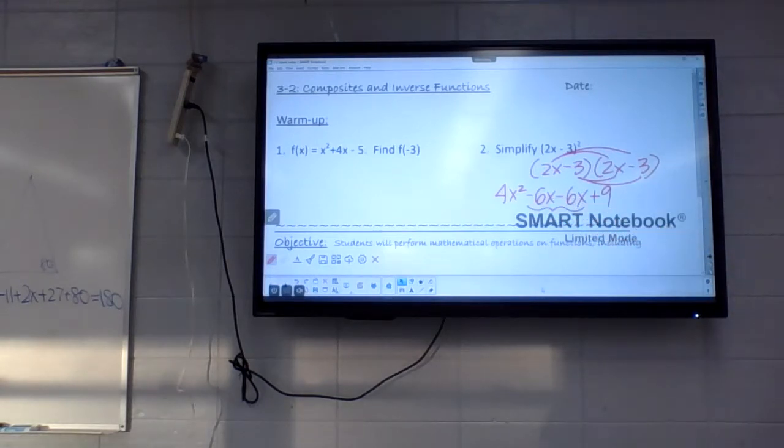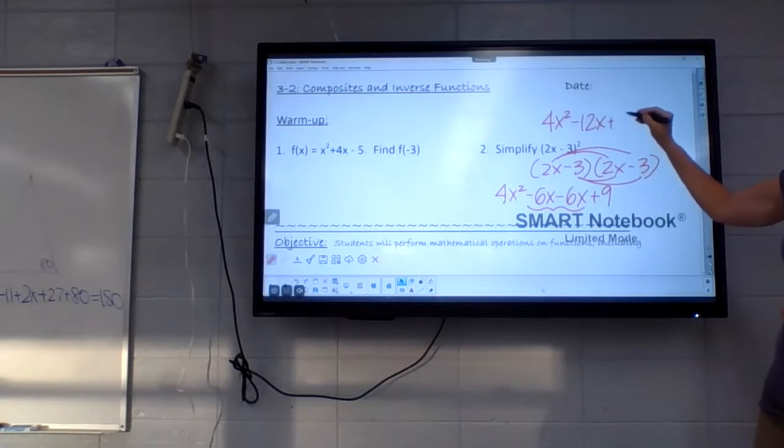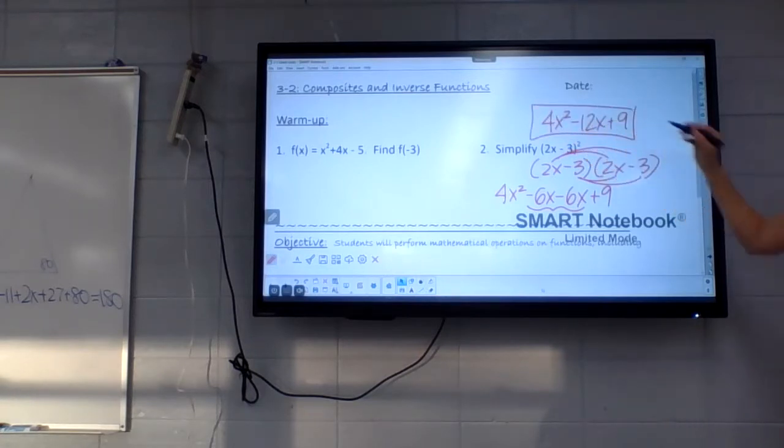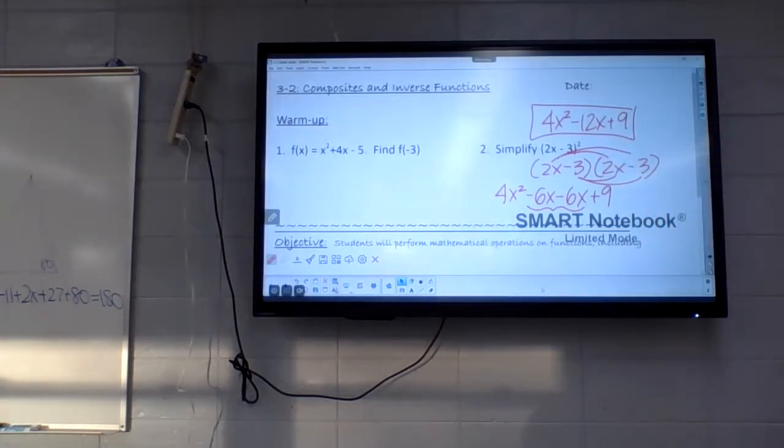They're going to combine to be a negative 12, right? So we want to be careful as we do this, that we don't forget those little steps, and distributing that power makes you miss that middle term, which is obviously important. A whole term is kind of a big deal. So we want to make sure we have that, okay?